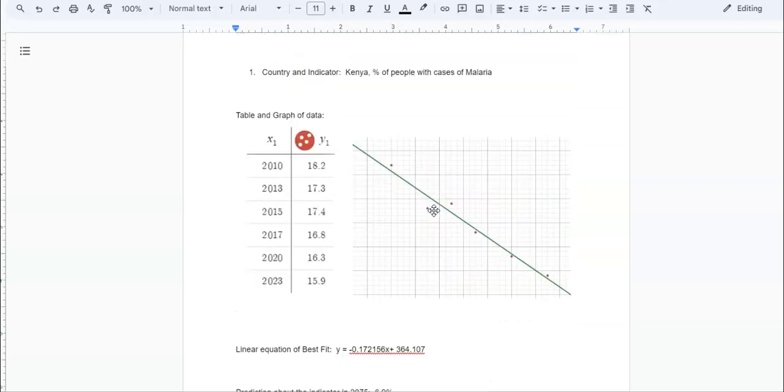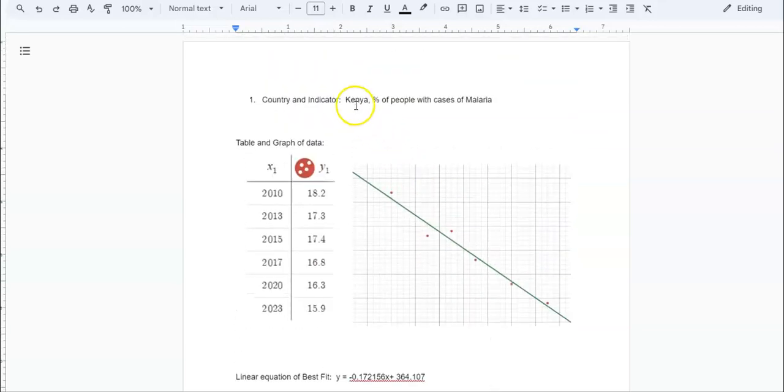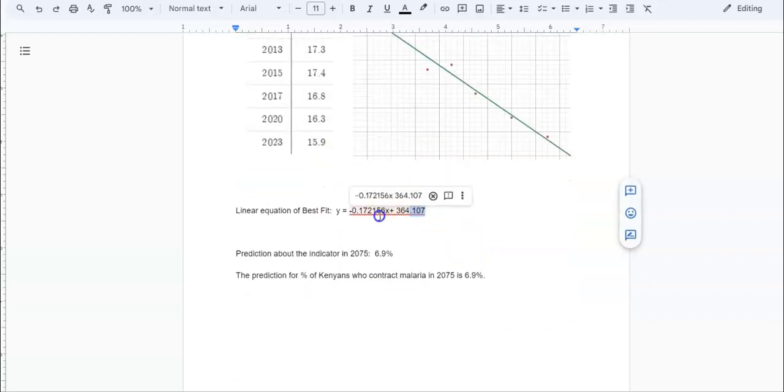So here's an example. Let's say you have Kenya and percent of malaria cases. I know that was not one of your indicators, but let's just say it is. Here's a table, you make a graph, you're going to make an equation of fit using that, and then this equation will allow you to create a prediction.